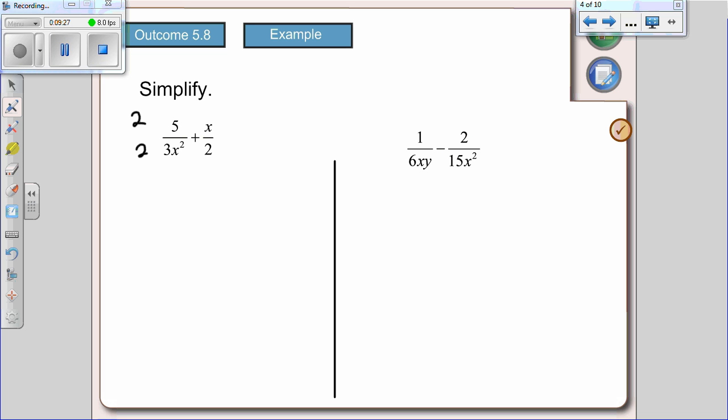It doesn't. You leave it. So the one on the left is done. The one on the right, how does 2 get to 6? Times it by 3. How does no x's get to x squared? Multiply it by x squared. So the top and the bottom get it.